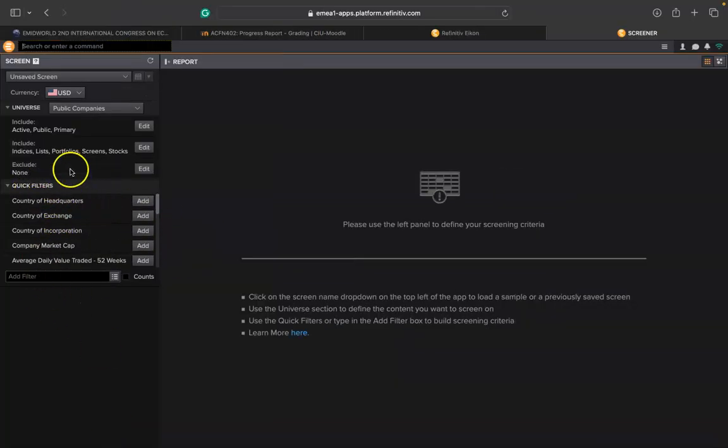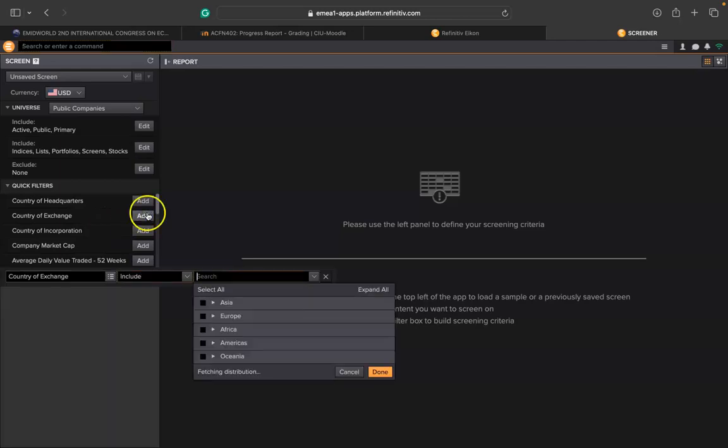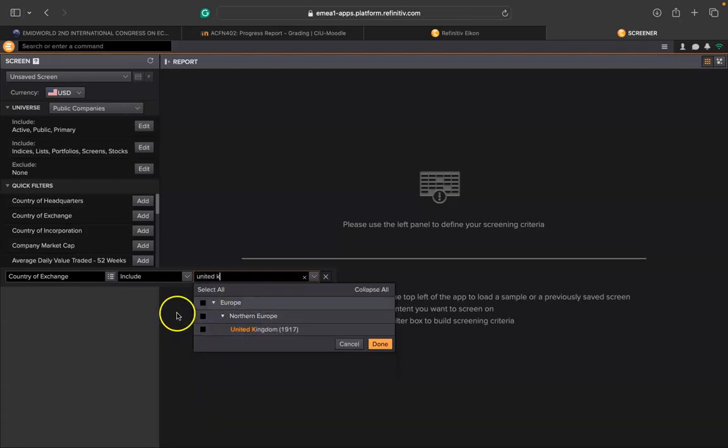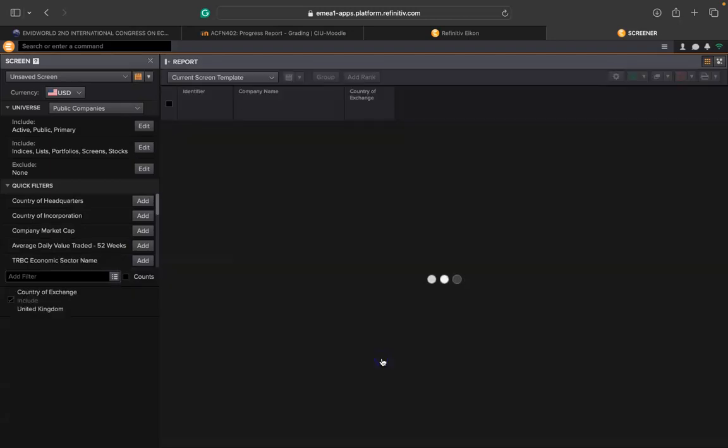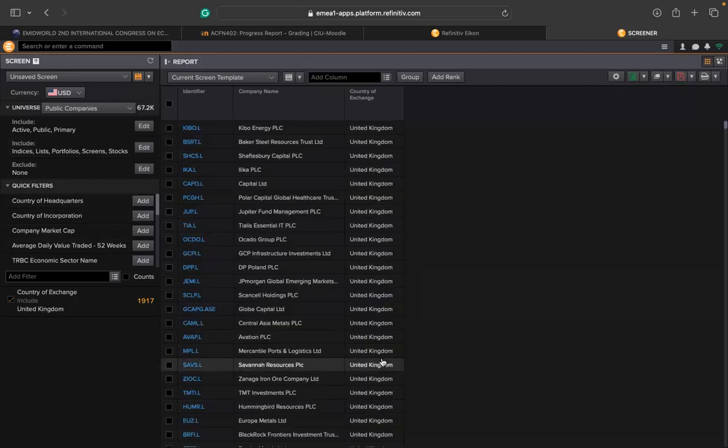There are quick filters: country of headquarters, country of exchange, country of incorporation, company market cap, and average daily values. I can go to country of exchange. As I click to add country of exchange, it says include. So I'm going to write United Kingdom over there. Currently in the United Kingdom, there are 1,917 companies.